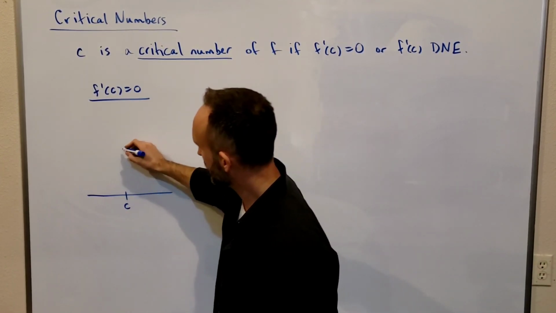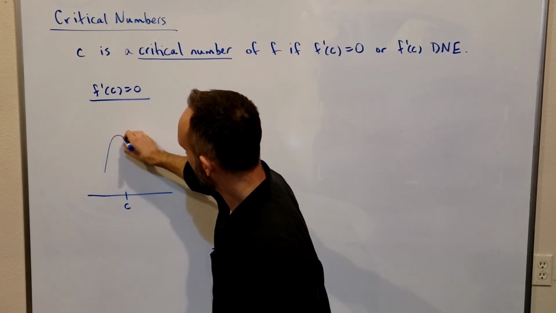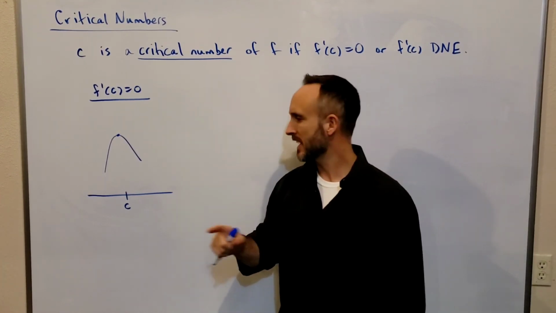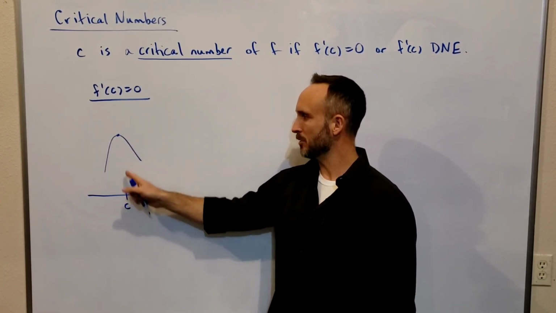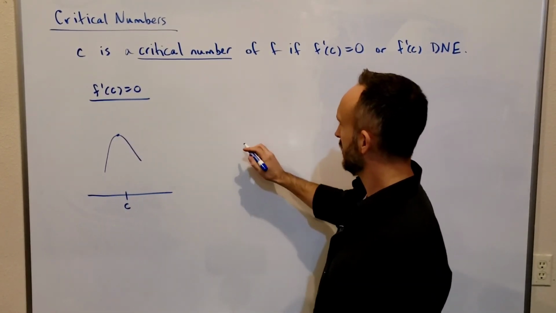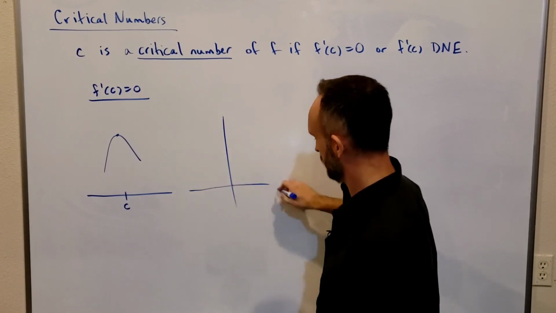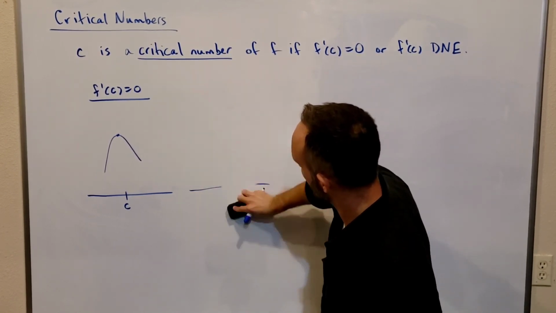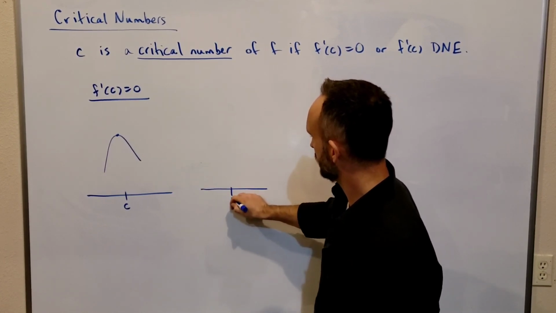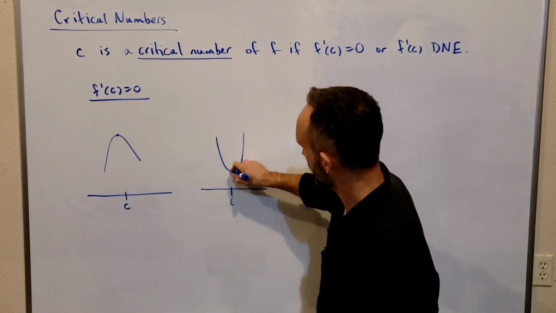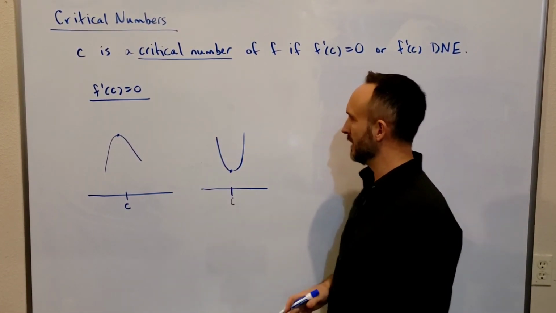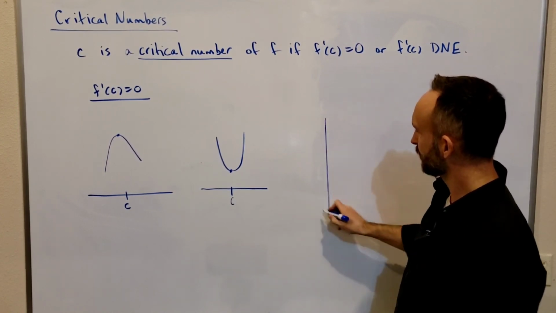If f prime of C equals 0, then you may have a point like this where you have a horizontal tangent line, and in this case you'd have at least a local maximum or a relative maximum at C. Similarly, you could have a relative minimum at C. So here's C. You could have something like this, where you have a relative minimum, but you're not guaranteed to have a relative max or min if your tangent line slope is 0.